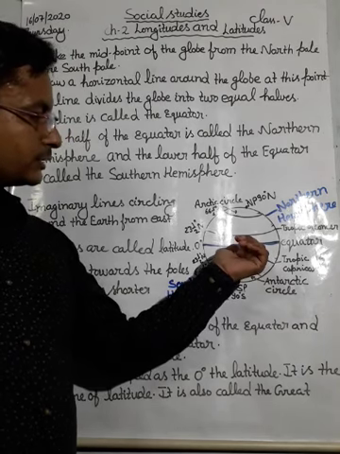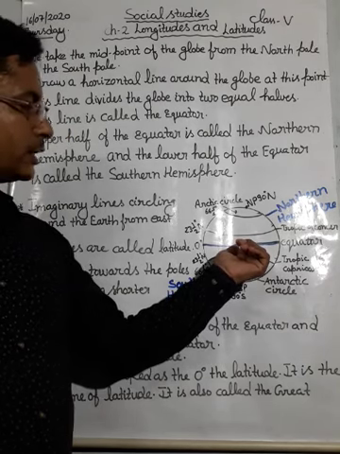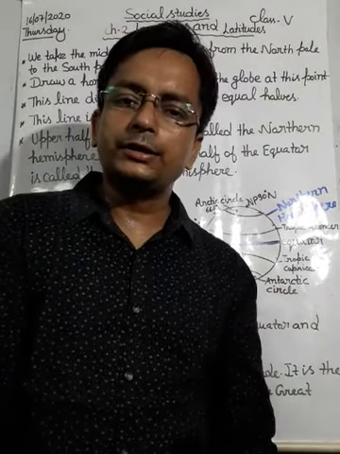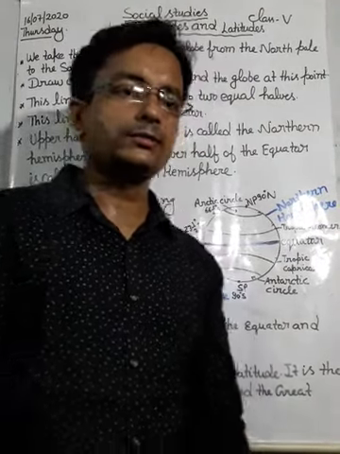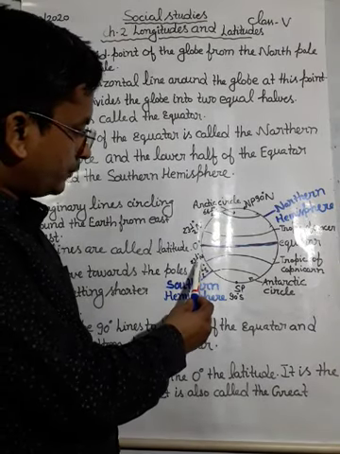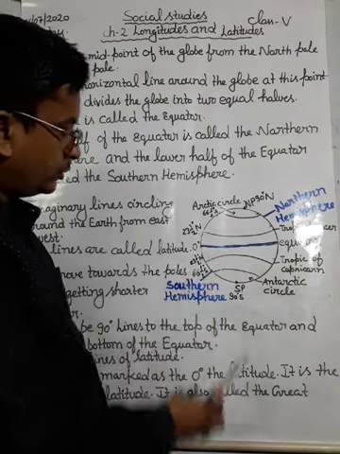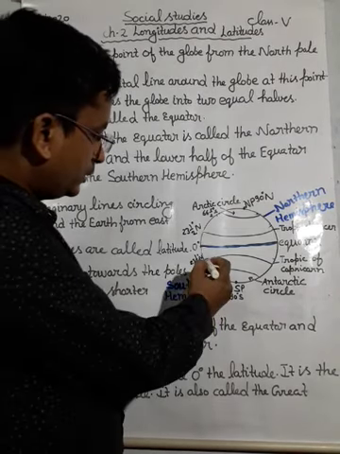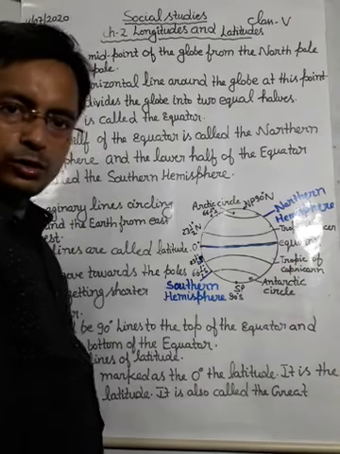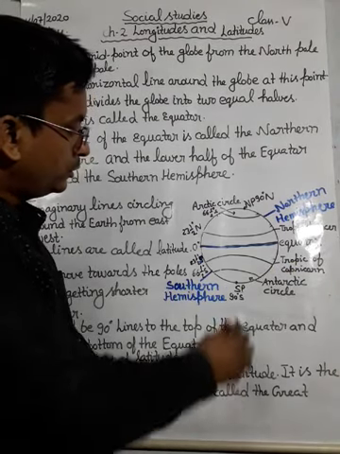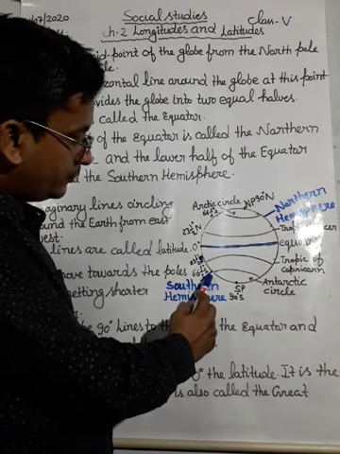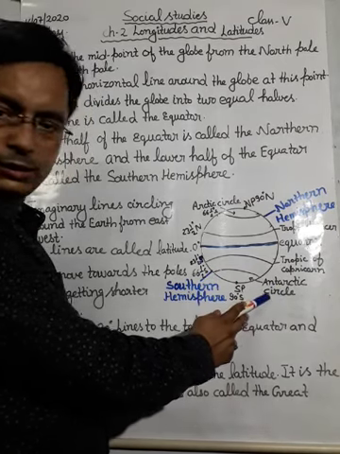And except this line, a few more important latitudes are there that I want to discuss here. You can see here, my dear student, 23.5 degree south is the Tropic of Capricorn, and 66.5 degree south is the Antarctic Circle.